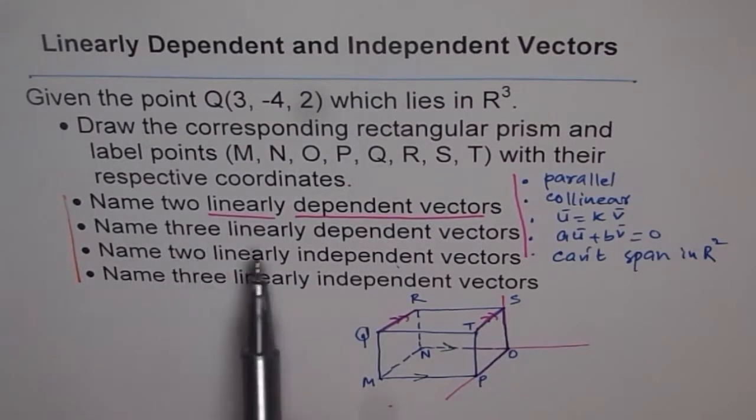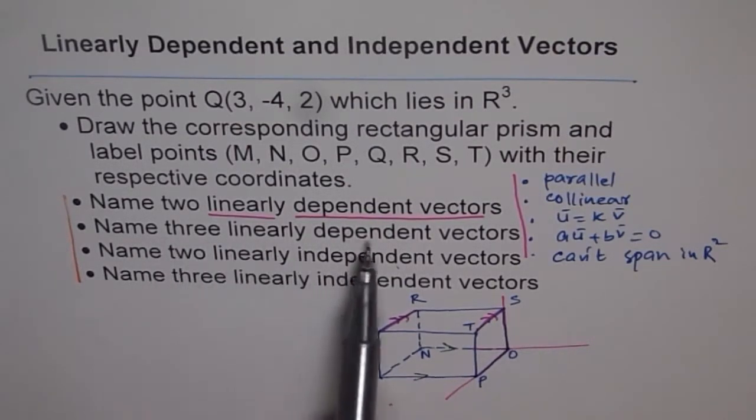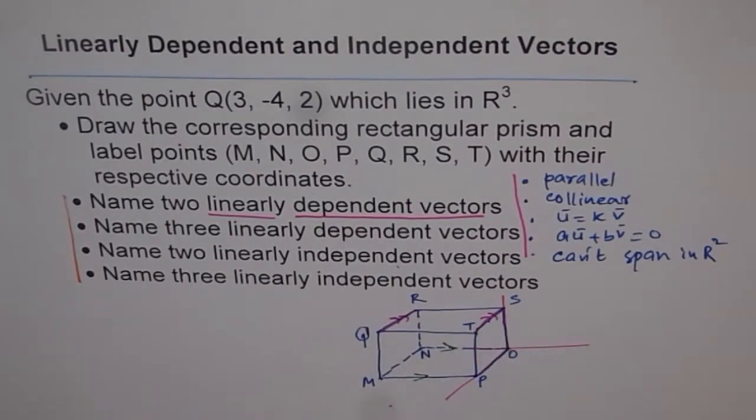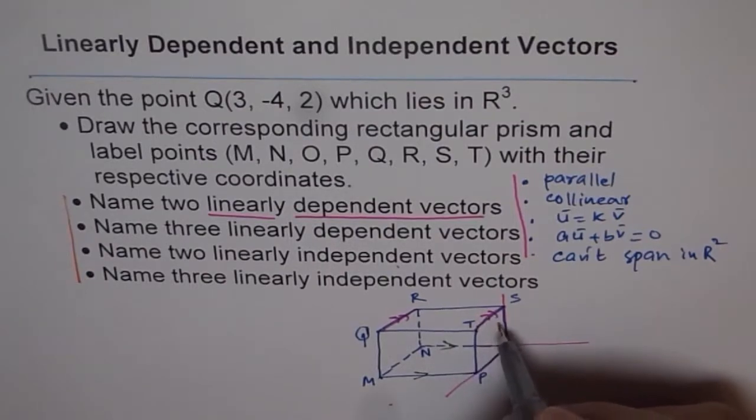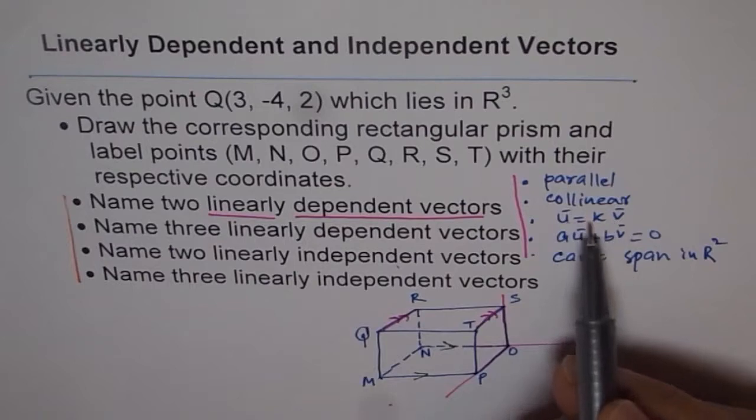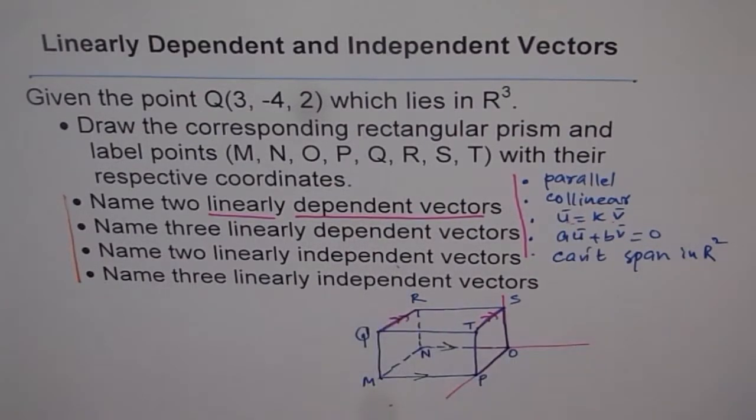Now name three linearly dependent vectors. Three linearly dependent vectors will be those which are in the same plane. The criterion is that if they are in the same plane, then they can be written as a linear combination of one another. That is the beauty: if you can write one as a linear combination of the others, they are linearly dependent. If you can't, then they are not.